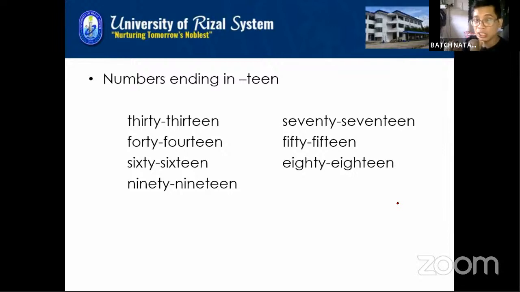I am fourteen years old. Then let's say sixty, sixteen. How old are you? I am sixty years old. I am sixteen years old.